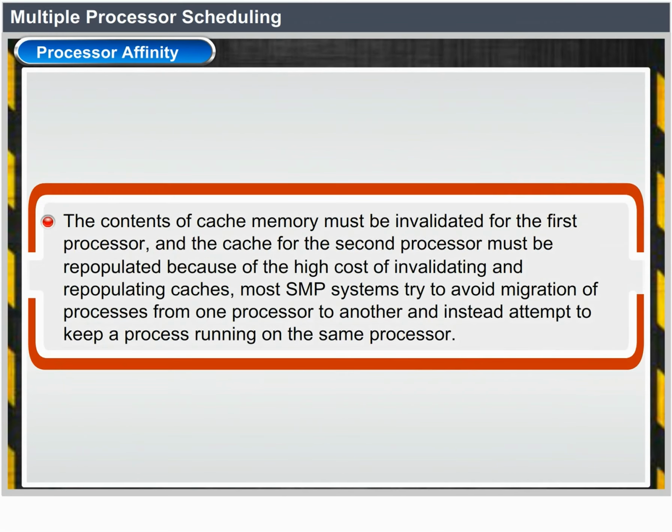The contents of the cache memory must be invalidated for the first processor, and the cache for the second processor must be repopulated. Because of the high cost of invalidating and repopulating caches, most SMP systems try to avoid migration of processes from one processor to another and instead attempt to keep a process running on the same processor.